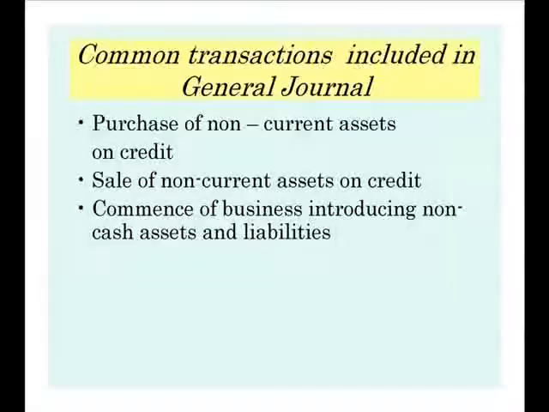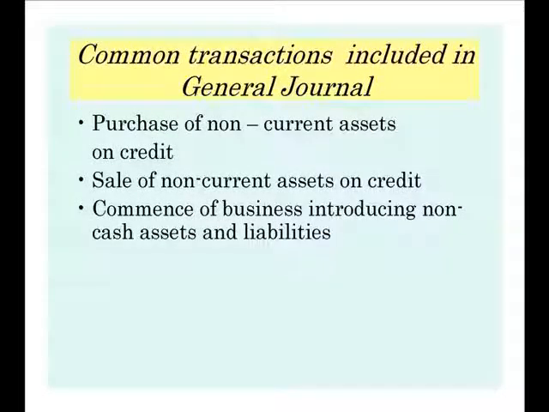But selling old computers is not your business. Your main business is selling goods. So therefore, this cannot be recorded in the sales journal, so we have to use the general journal. So that is the difference.